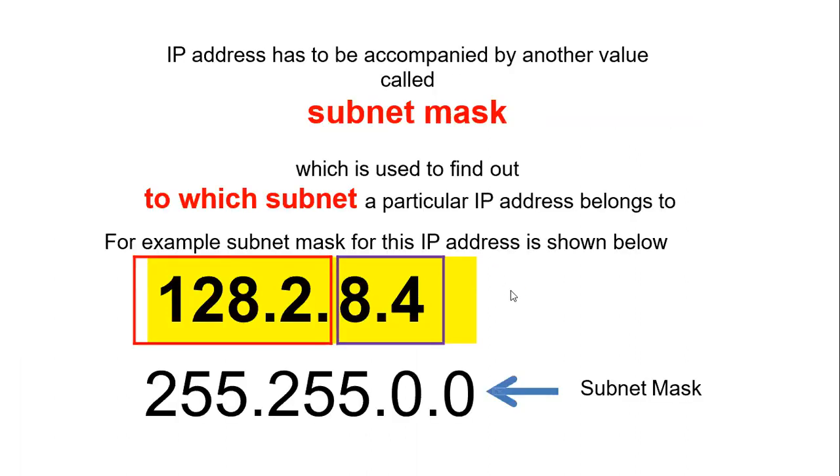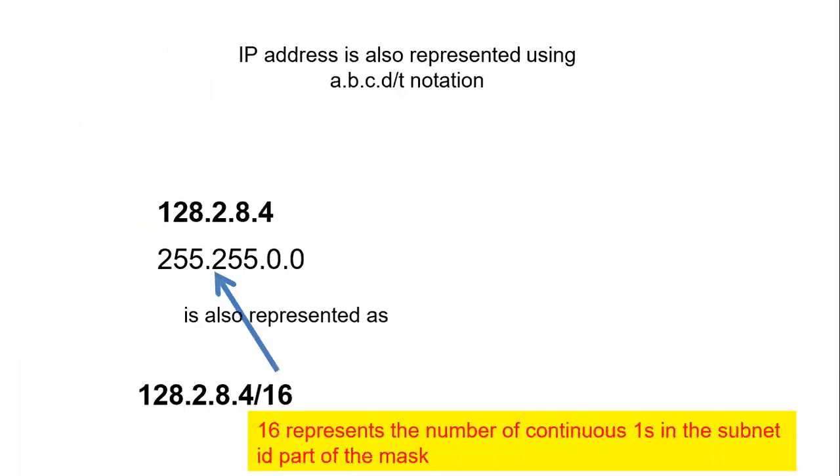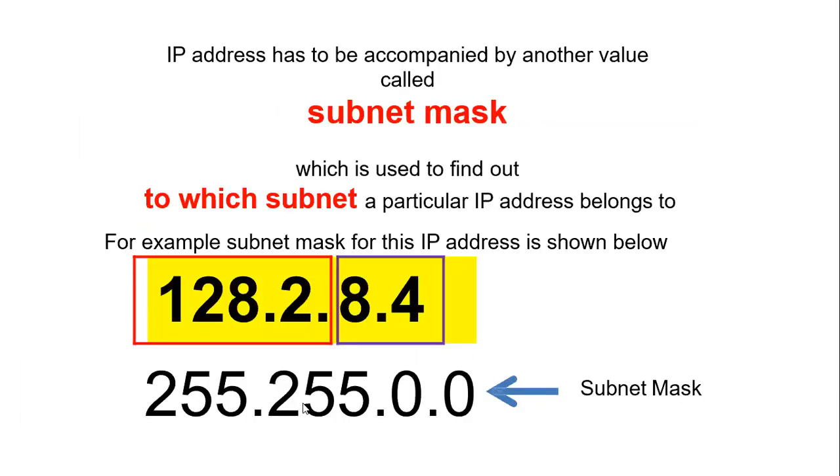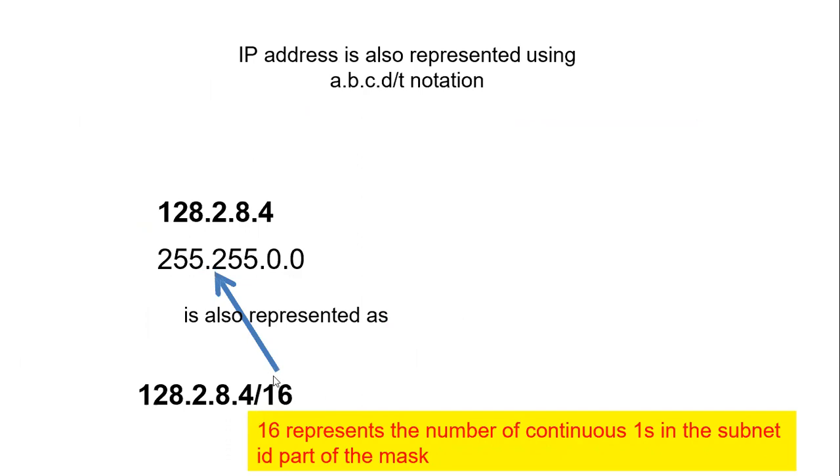The notation that is used for subnet is like this. You can use a notation where after the slash, whatever the number is, that is the subnet mask. The mask will tell you the network ID of the subnet that is created.